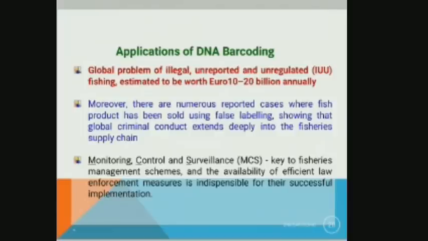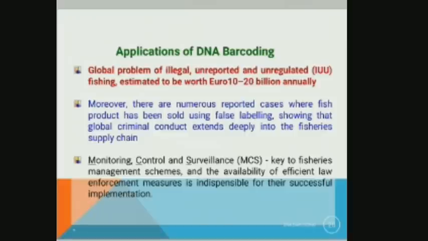It is worth a huge sum of money every year; more than 10 to 20 billion annually is lost due to IUU fishing. In marketing, mislabeling is also possible, and that could be addressed using DNA barcoding.